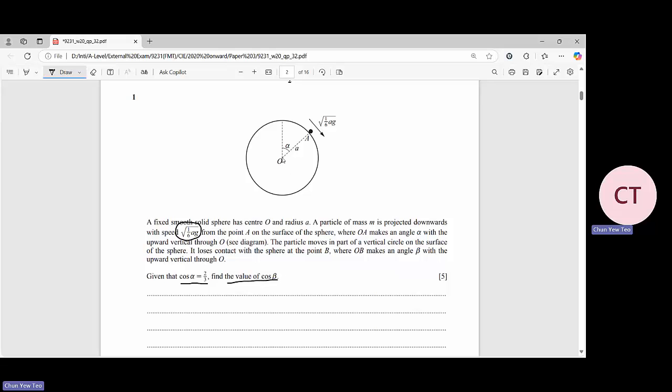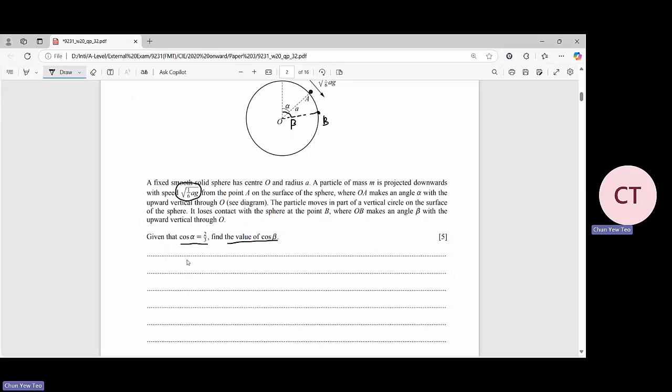So over here, you can see that at point B, where it makes an angle beta with the upward vertical, it starts to lose contact. Usually we start from the conservation of energy.